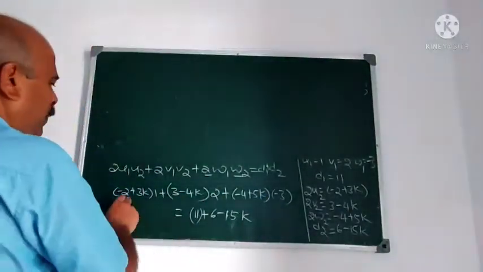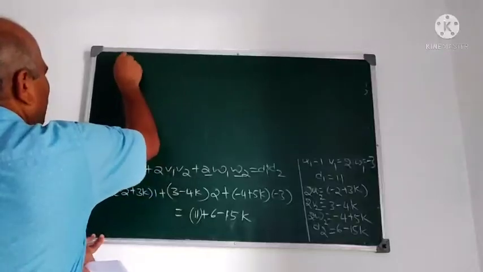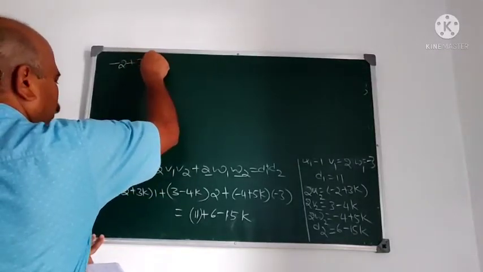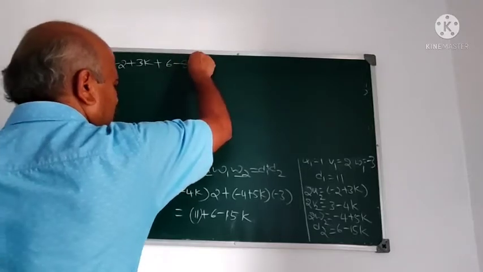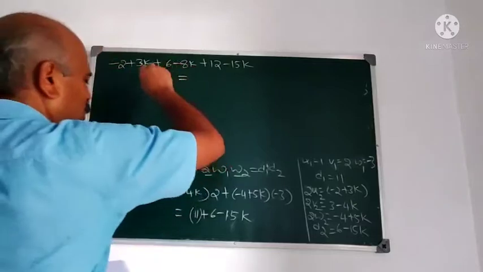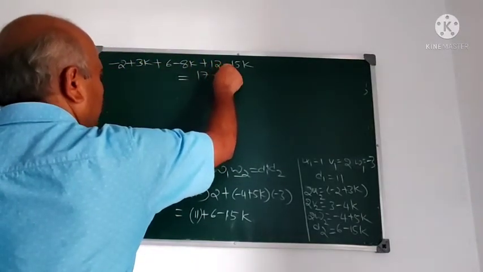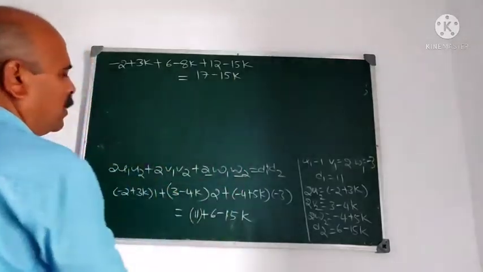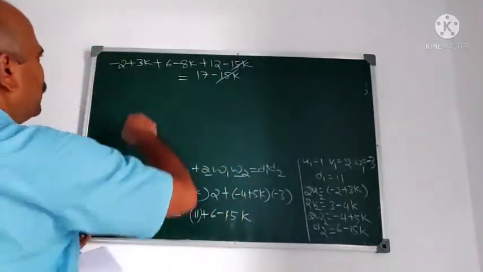How to find it? Minus 2 plus 3k, or I write one more step here: minus 2 plus 3k plus 6 minus 8k plus 12 minus 15k is equal to 17 minus 15k. This cancels directly.